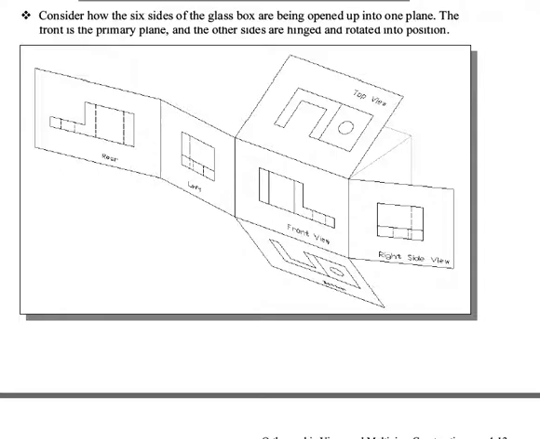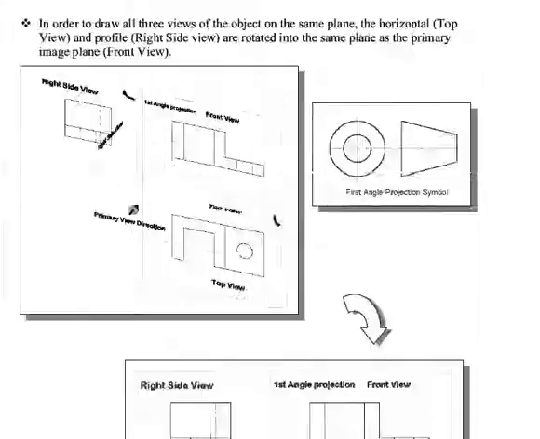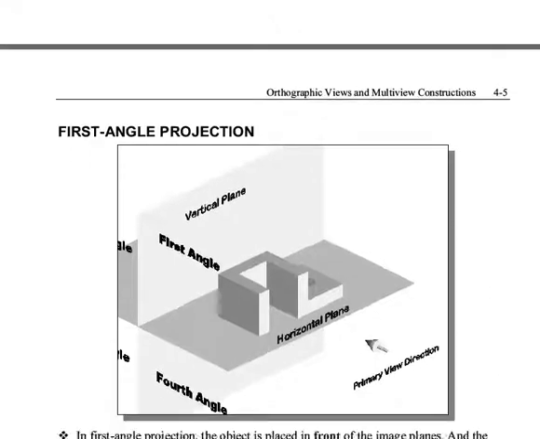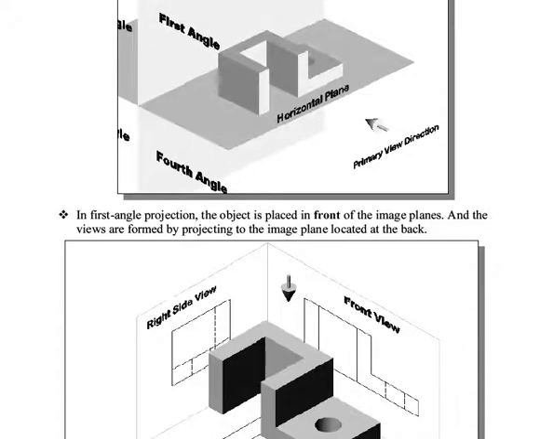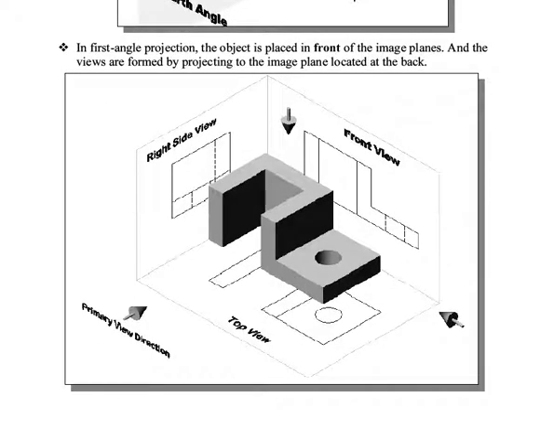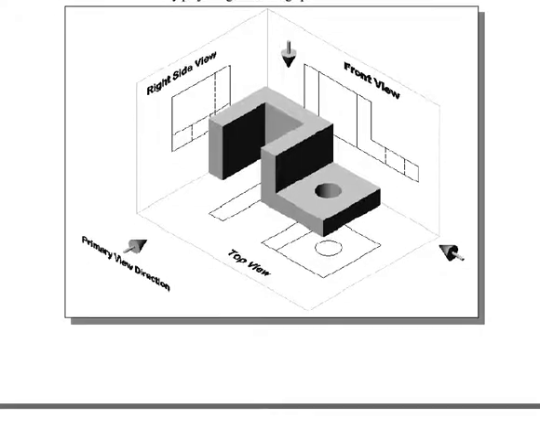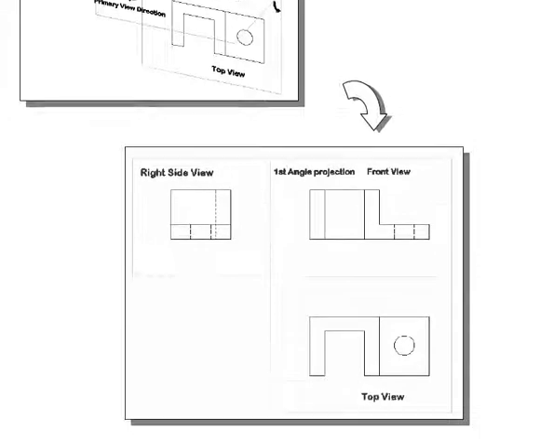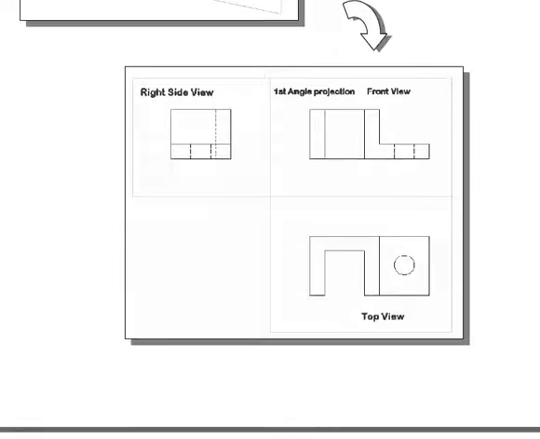The last understanding that we want to have has to do with first angle projection. Basically, between first and third angle projection, it's the arrangement of the views. Here we have the top view down on the bottom, and we have the front view to the top right, and we have the side view to the top left.